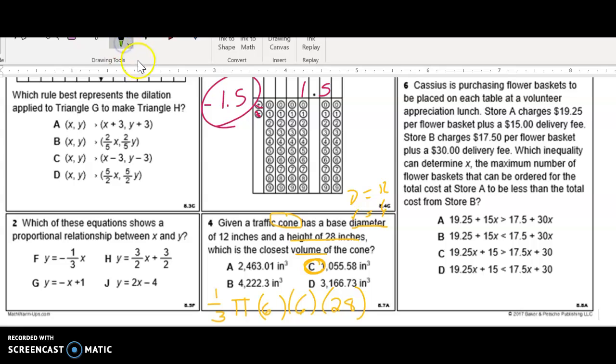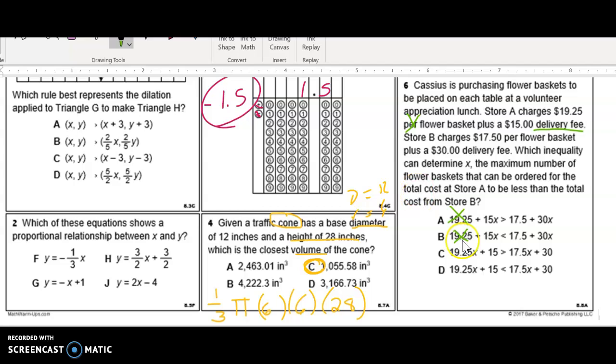I'm going to take that statement right there, and I'm going to underline delivery fee, and on per I'm going to put an X. My delivery fee does not change, but my $19.25 per basket does. So I'm going to scratch out everything that does not have a $19.25 X.